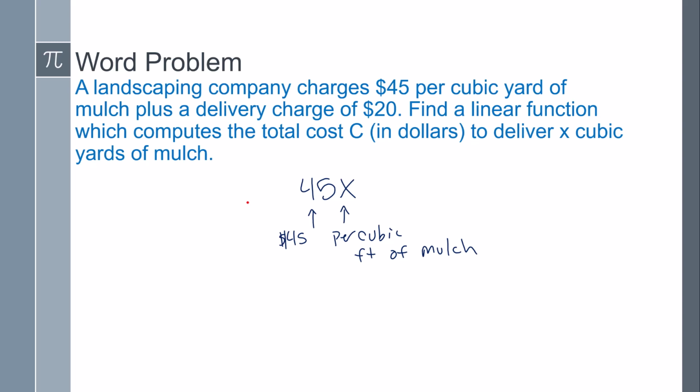And so I can say that's going to be my variable x. I don't know how many yards there are. And then I have this plus $20 at the end. It's going to be a delivery fee charge. So I can write my function c of x equals 45x plus 20.